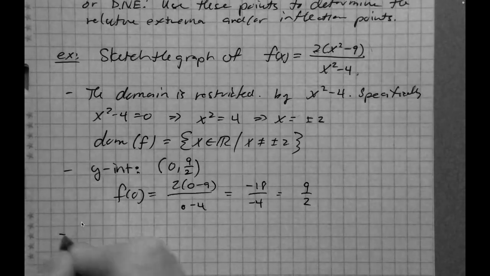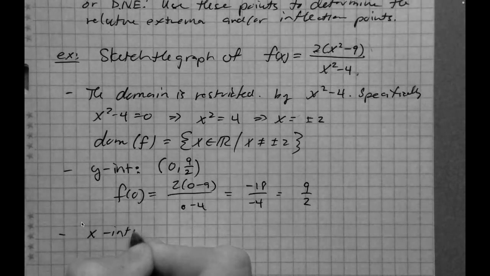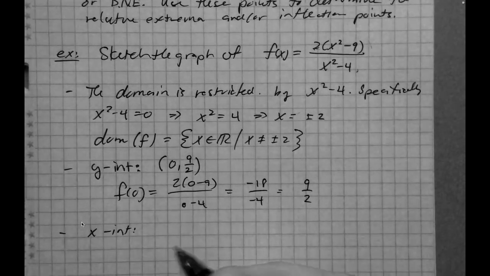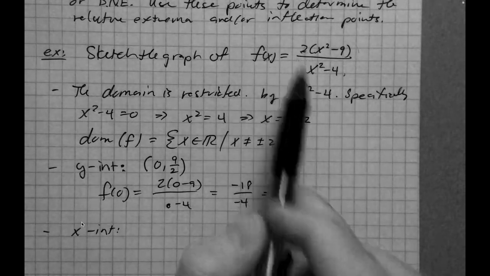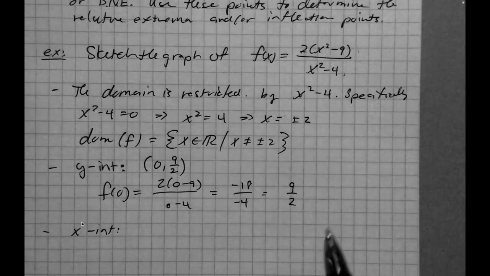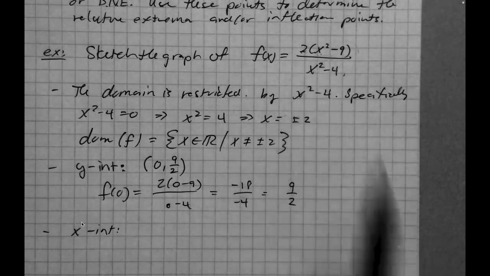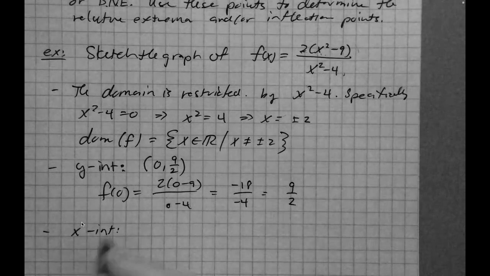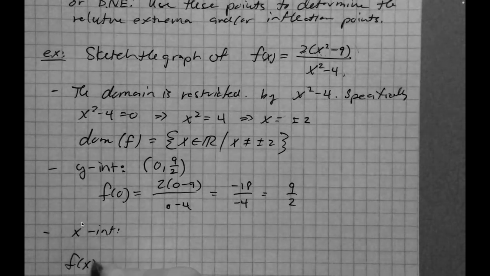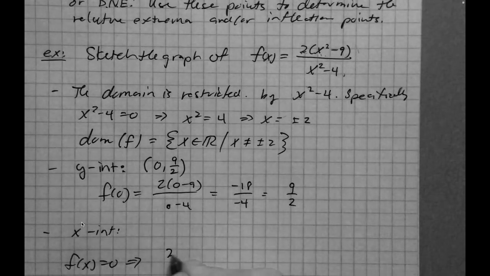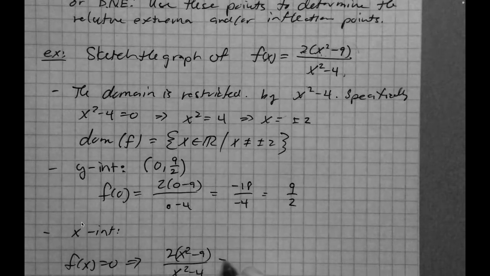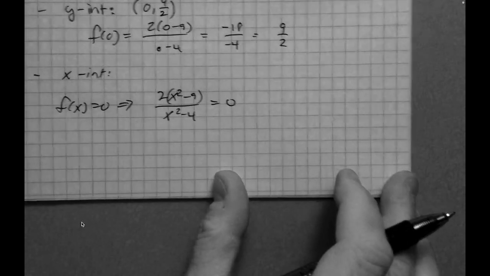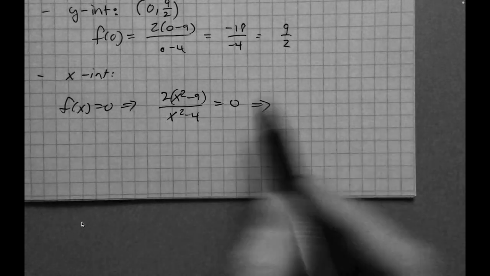What about the x-intercepts? Well, we can basically solve this equation. In the case of a polynomial, it's very likely that it's solvable easily, especially if it's a quadratic like this. So we can set f of x equal to 0, right? So that means 2 times x squared minus 9 over x squared minus 4 equals 0. And then we can solve for x, right?